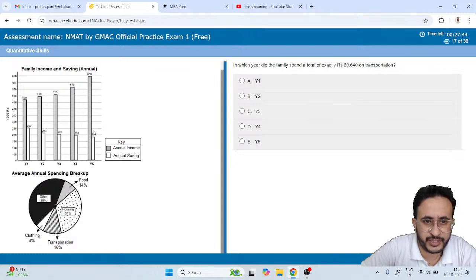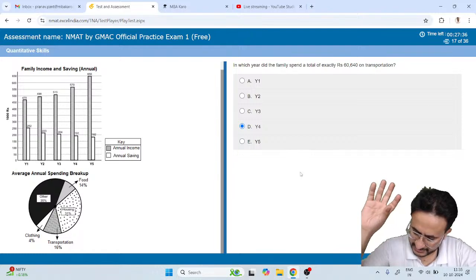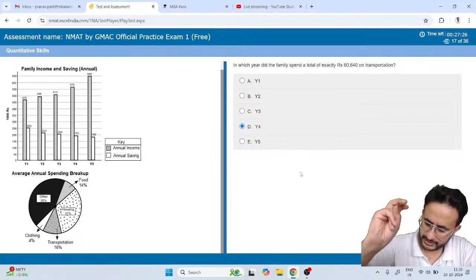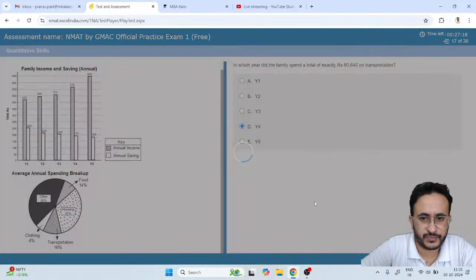This is 478. So it will be year 4, isn't it? 60,640 divided by 16 is 3780. However, it is not coming exact, but this is the only place where it is close to it. So let's just check the next one.